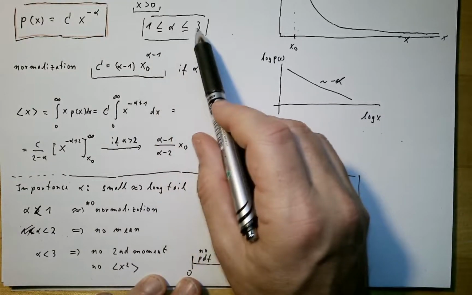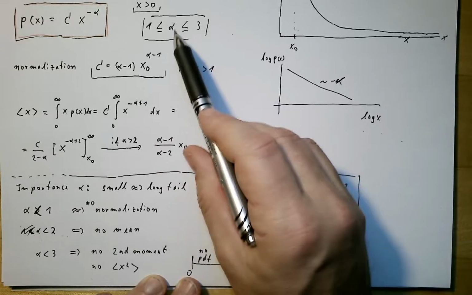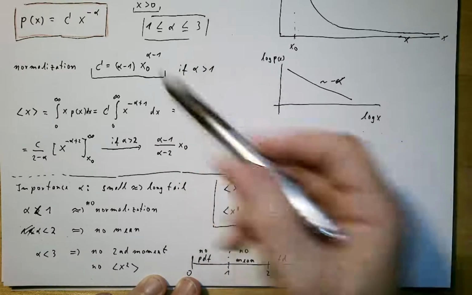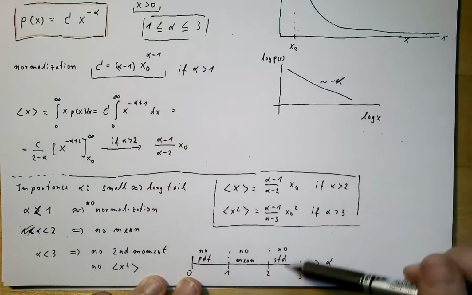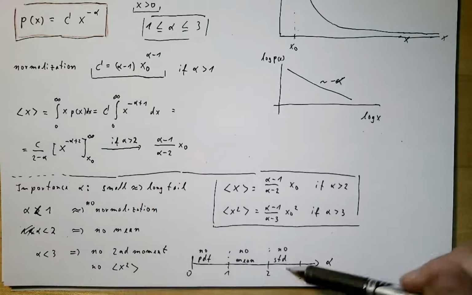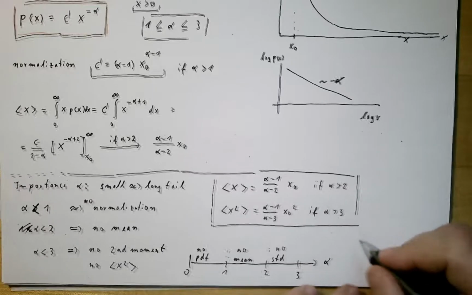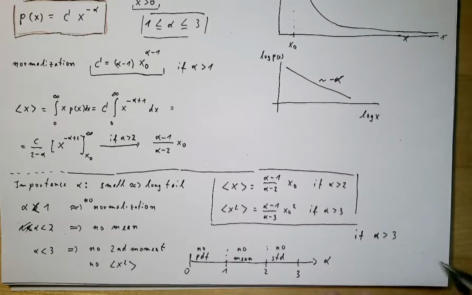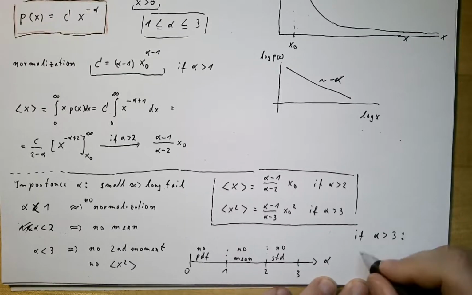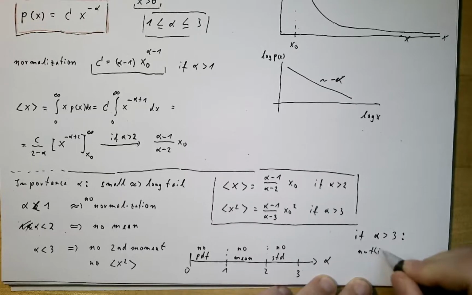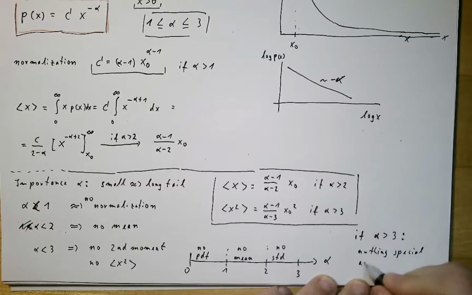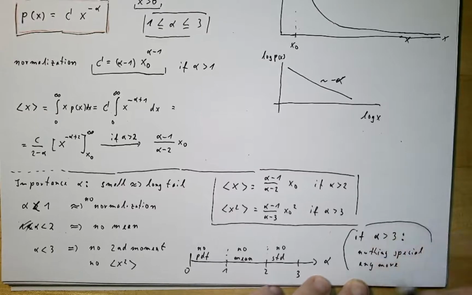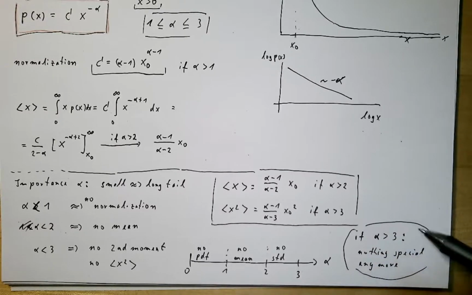So why do we restrict alpha to be smaller than 3? Because if alpha is larger than 3, that's fine, it's a fine probability distribution, it has mean and standard deviation. There's nothing special anymore. It's still a valid PDF, no problem.